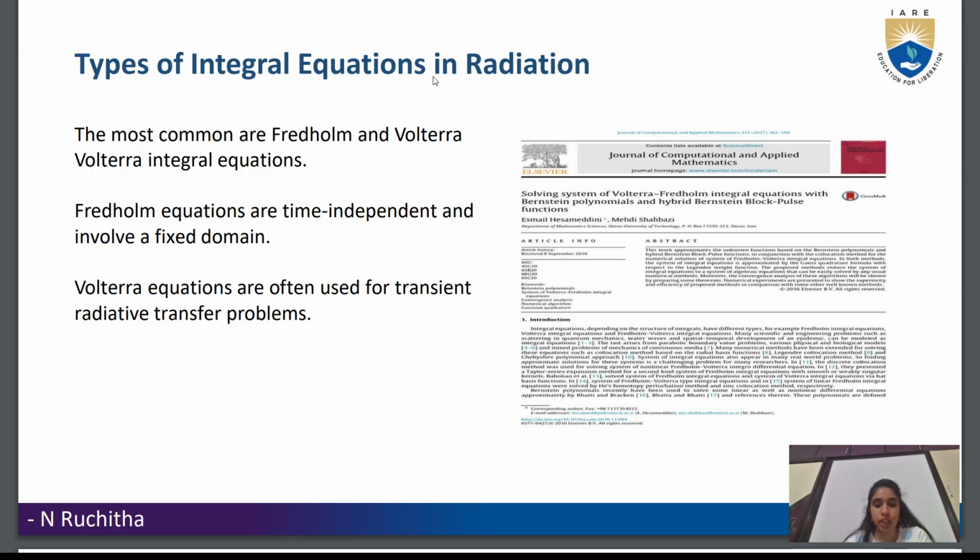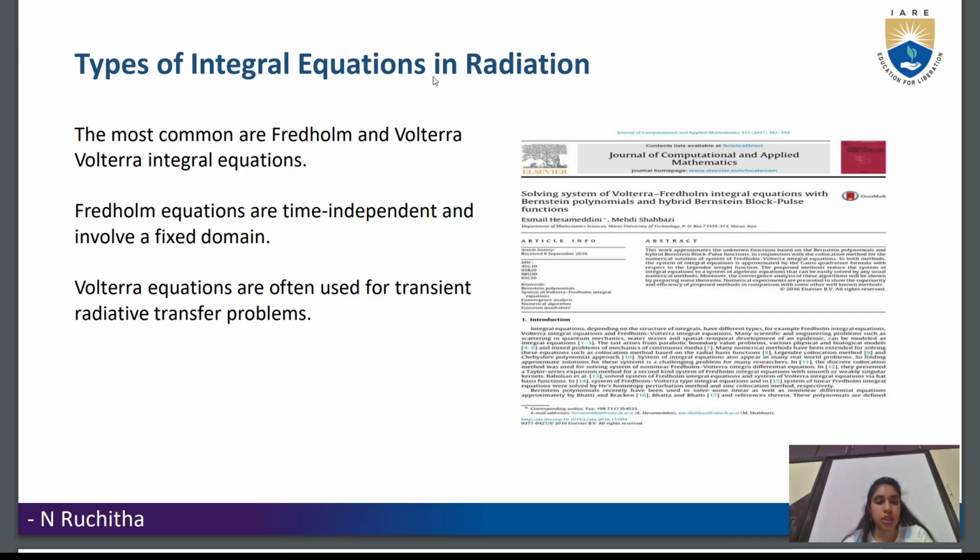Types of integral equations in radiation. Surface integral equations are used for gray or diffuse surfaces exchanging radiation in an enclosure. Volume integral equations are needed when radiation occurs in participating media such as combustion gases.